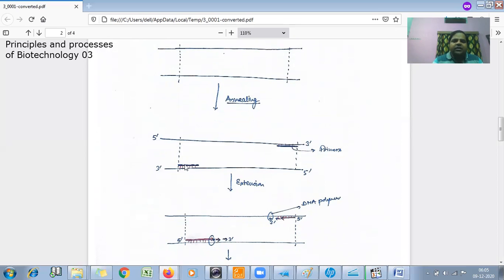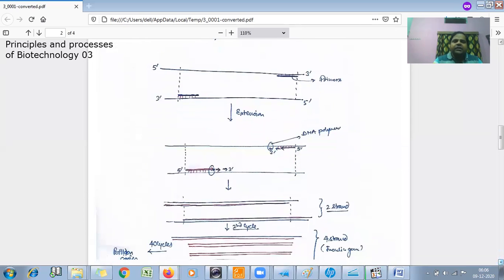We can see here our forward primer has bound on this strand and the reverse here. We can see here one primer will bind to one border of the genomic DNA and another will bind to the other strand of the genomic gene. So at the annealing temperature, primers bind. Now we will provide 72 degrees centigrade to this system.